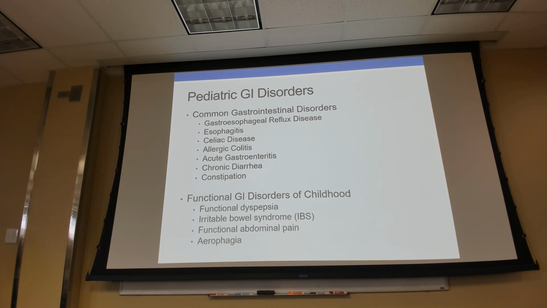Then there's the second category, which is more about functionality. Their anatomy looks just fine, and their physiology seems to be doing fine too, except they're truly having some sort of symptom. So they are having a somatic manifestation of something that is going on. It is still very real, but it's on the functional side.